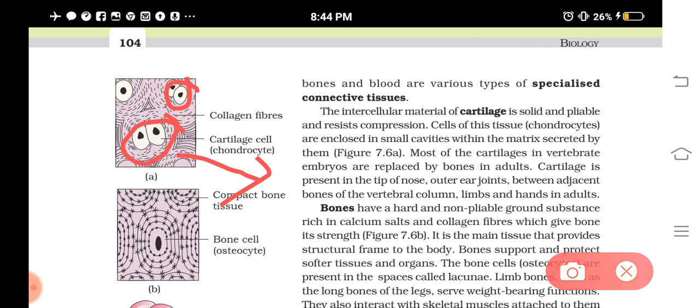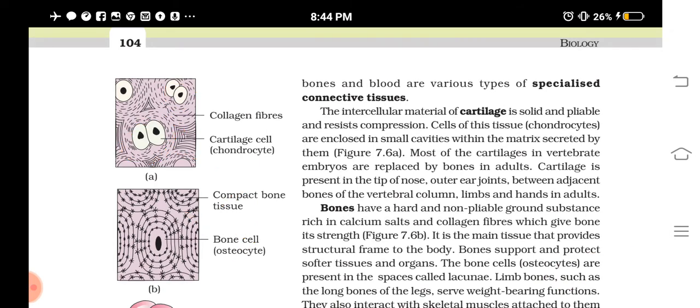Bones. If you see bones, the matrix will be very hard, okay, because of the presence of calcium and phosphorus salts. And the cells of them are known as osteocytes.